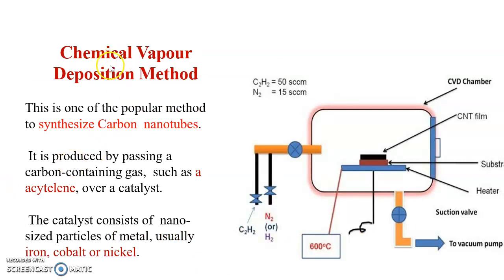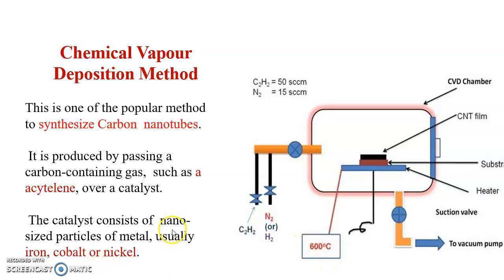Our next method is the chemical vapor deposition method. This is one of the popular methods to synthesize, once again, carbon nanotubes. It is produced by passing a carbon-containing gas such as acetylene over a catalyst at 600 degrees Celsius.